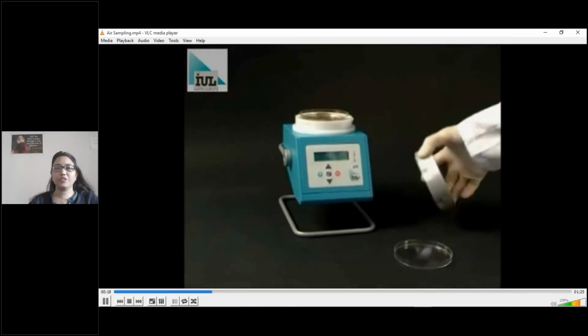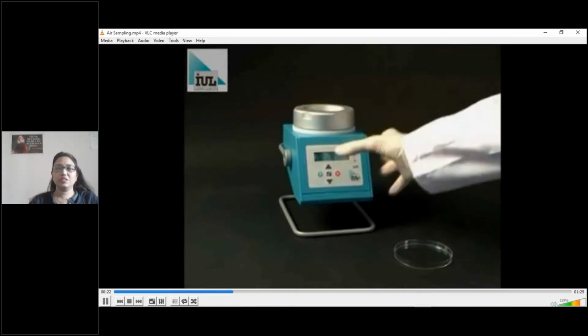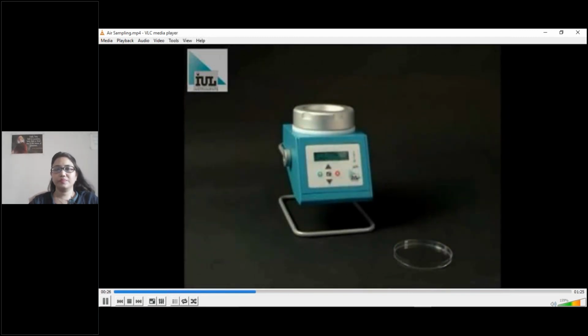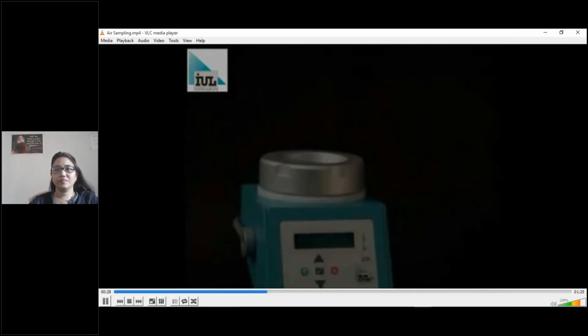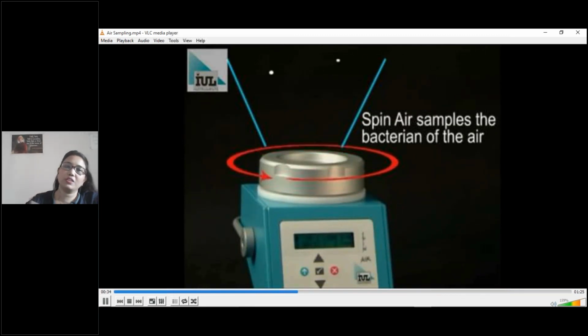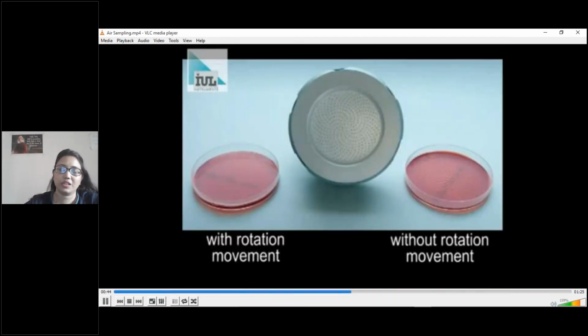This is how they are fixing the agar plate. This is by impingement onto a solid surface. So this will spin, and then it will draw the particles, like you can see here. The particles are being drawn and impinged onto the agar medium. So because it is rotating, so that is why.